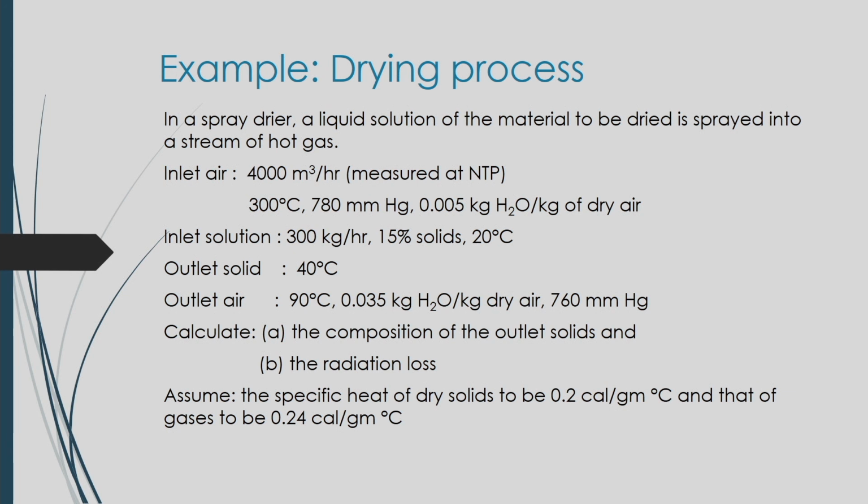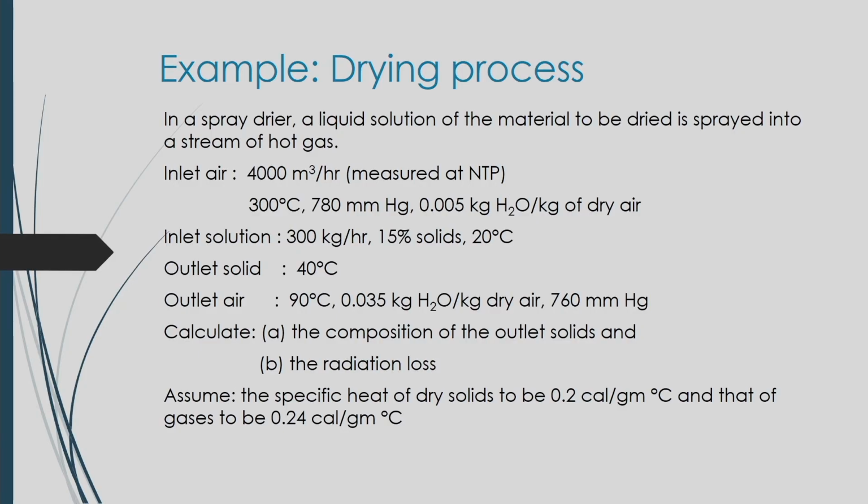So, you have to dry this solution of 15% solids, that is called slurry. Now, at the outlet, the solid temperature is 40 degrees Celsius, whereas the outlet air condition is 90 degrees Celsius, where moisture content will be 0.035 per kg of dry air at a pressure of 760 millimeter mercury.